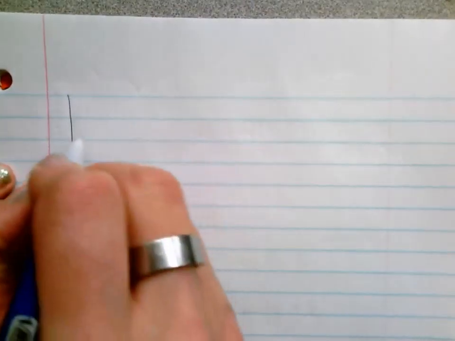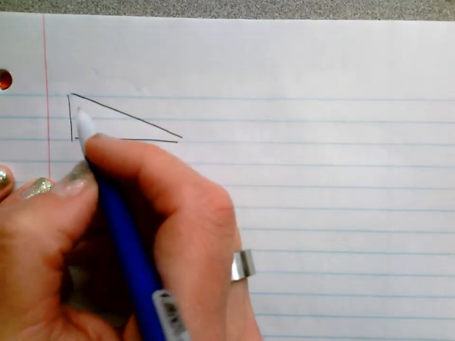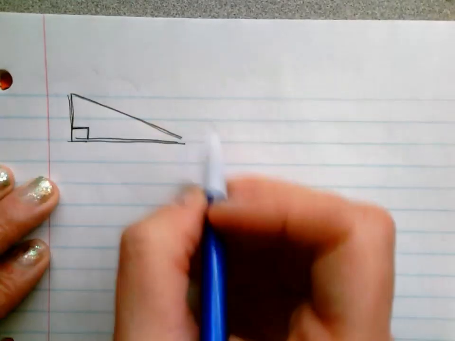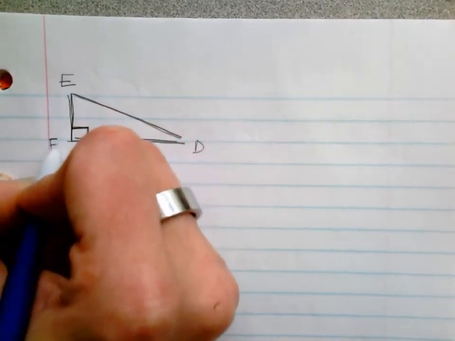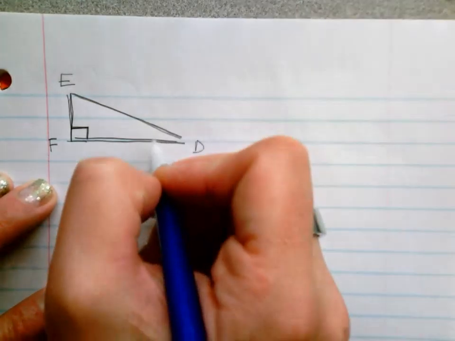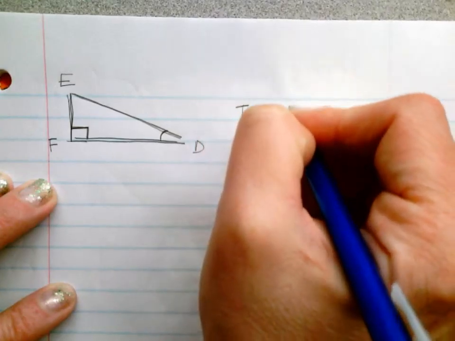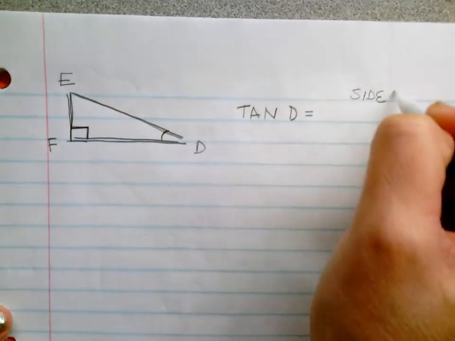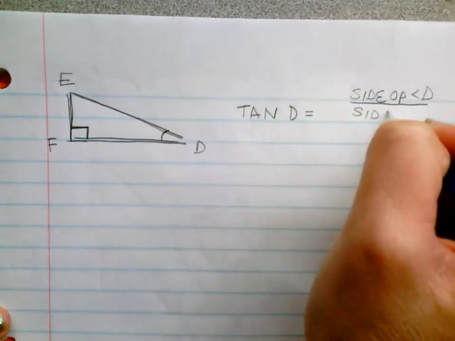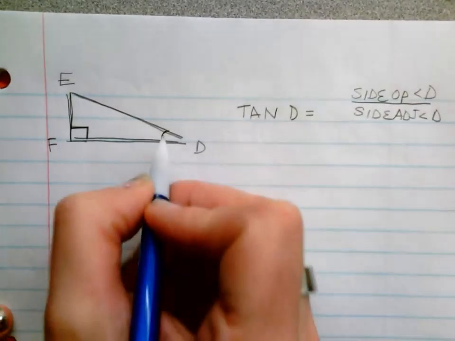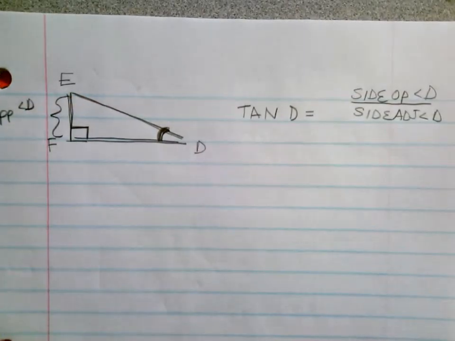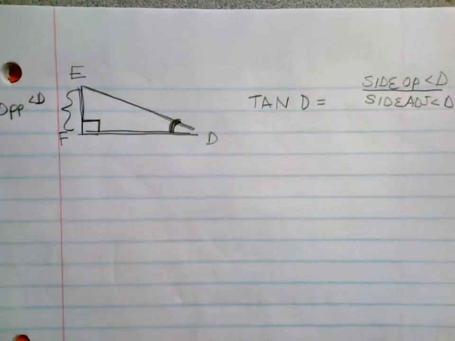They've got an example there, but I want to do my own. Okay, let's just say I wanted to know the tangent of angle D. If I was asked what is the tangent of angle D, I need to know the side opposite angle D divided by the side adjacent angle D. Okay, so here's angle D. This is the side that is opposite angle D. Okay, if he walks out, that's opposite.